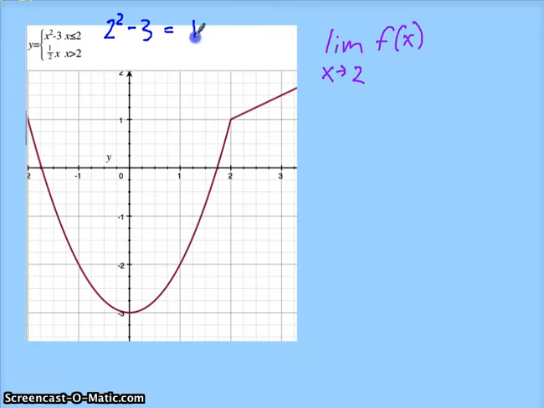My limit is 1. Coming from the right, I'm going to use this function. Well, what's 1/2 of 2? 1. So the limit from the right exists, and it's 1. The limit from the left exists, and it is also 1. Therefore, the limit of the piecewise function is 1.